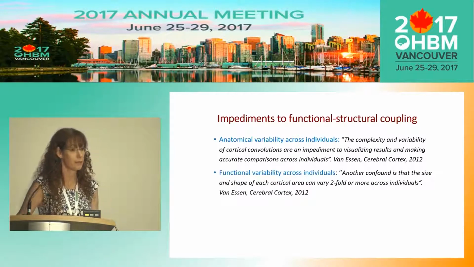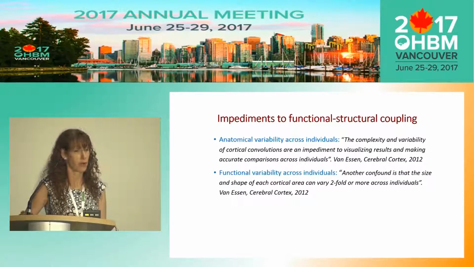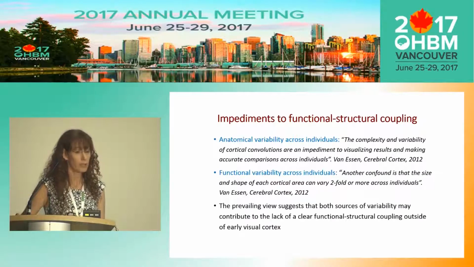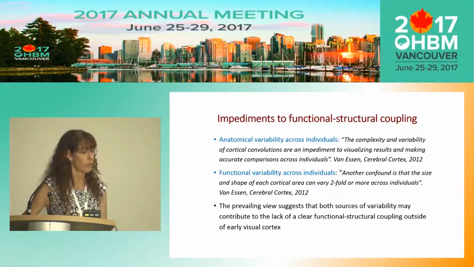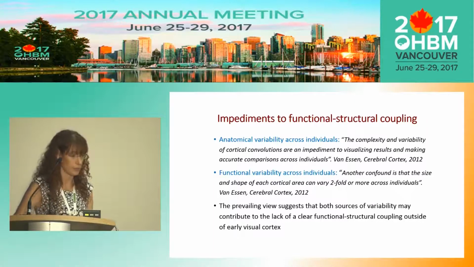In the same paper, they've also noted functional variability across individuals. For example, they write, another confound is that the size and shape of each cortical area can vary by 2-fold or more across individuals. So because of this structural and functional variability, the prevailing view suggests that both sources of variability might contribute to a lack of a clear functional structural coupling outside of early sensory cortex.